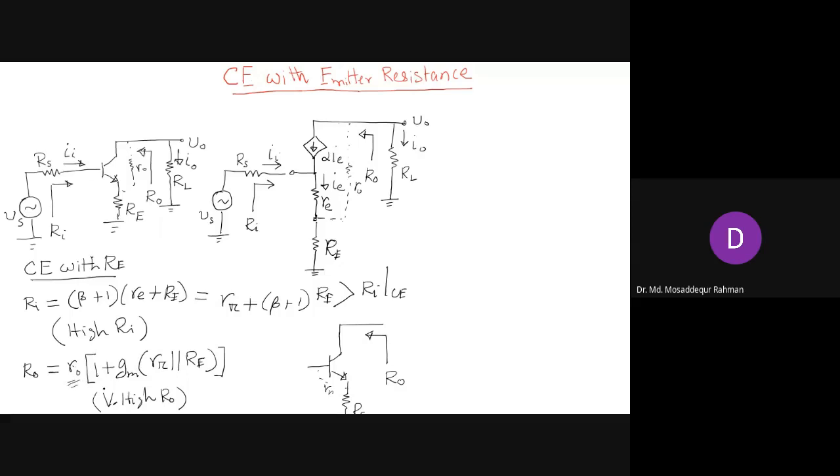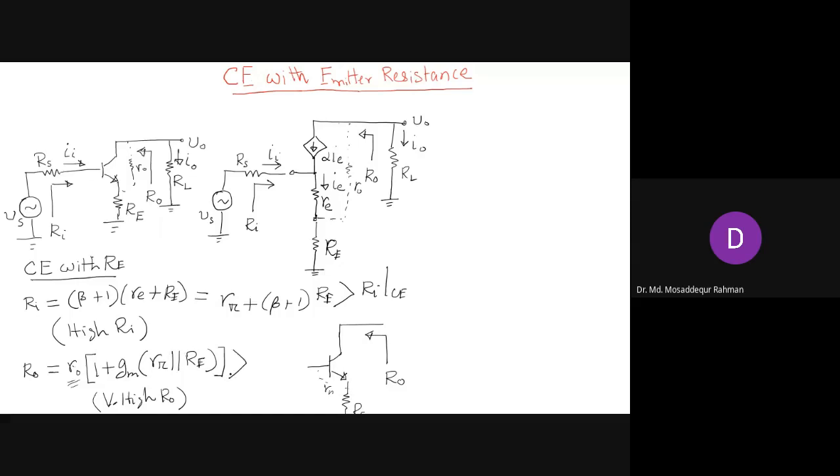Now that factor is being multiplied by this factor, right? So it will be very high, because R naught itself is high, about 50 to 100K. And when you multiply this by this factor, gm is high, and this depends on the value of RE. It can also be in kilo ohms. So you get a very high value for the output resistance.